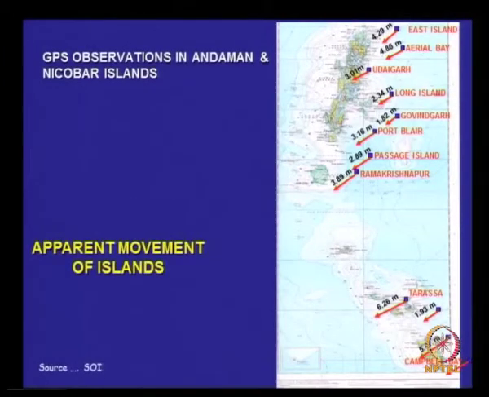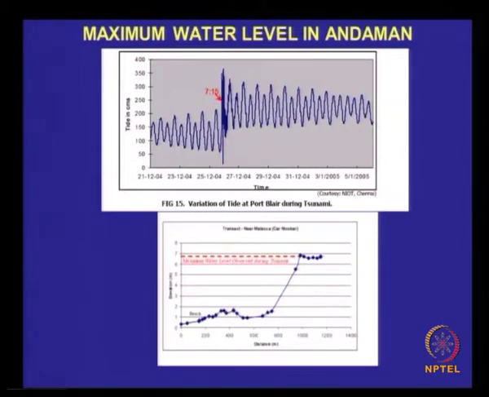Moving on to the Andaman and Nicobar Islands, GPS observations show the apparent movement of islands. They have predicted that the islands themselves have moved in the direction and magnitude indicated in black colors. The maximum water level recorded in Andaman is, as you can see here, almost close to 7 meters, 7.1, around 7 meters.